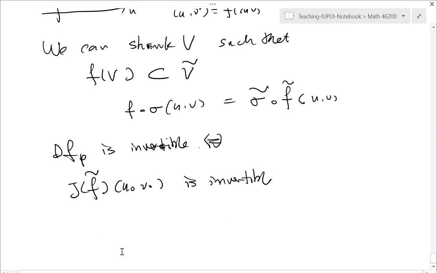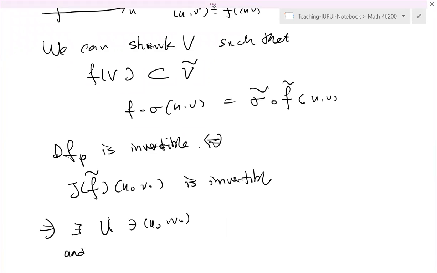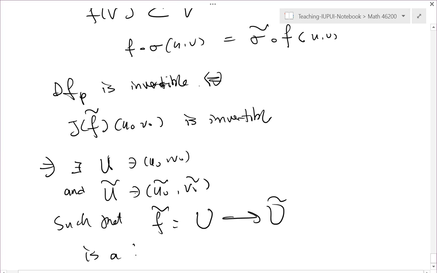That implies there is a small neighborhood U tilde containing U, not U2, such that F2 restricted to U tilde is a diffeomorphism.